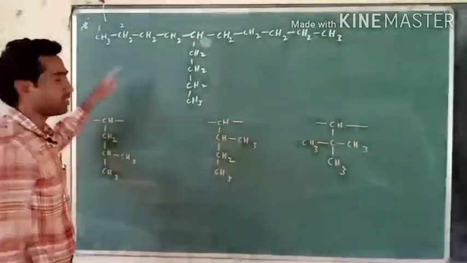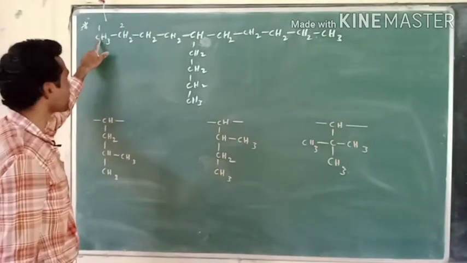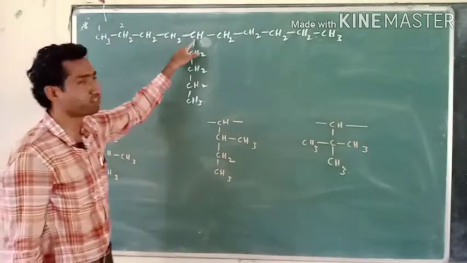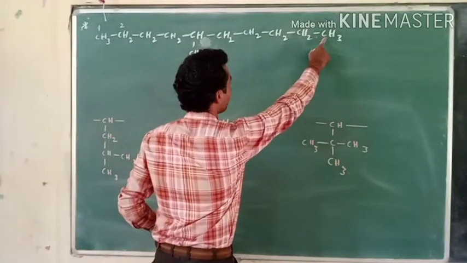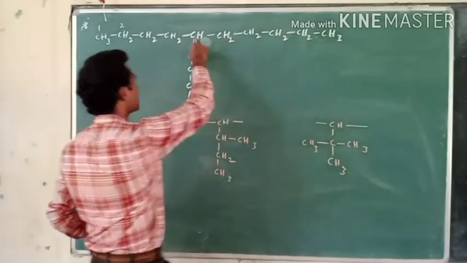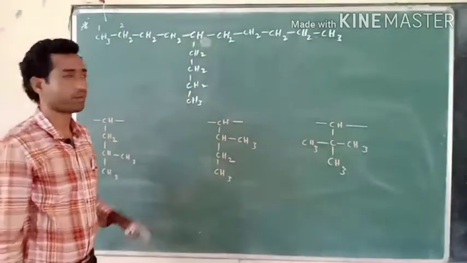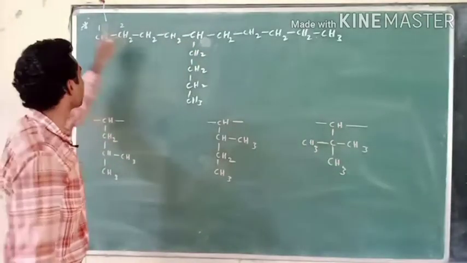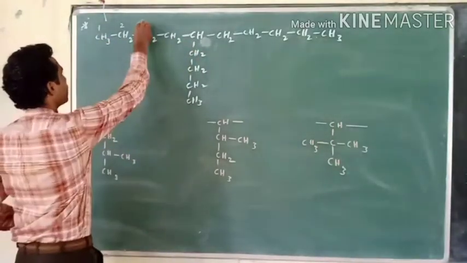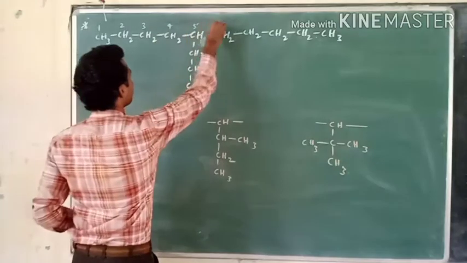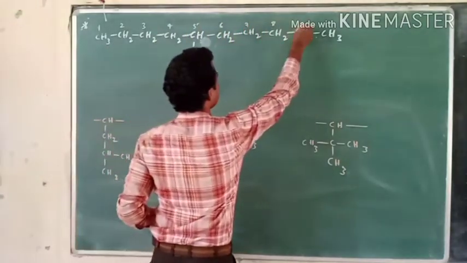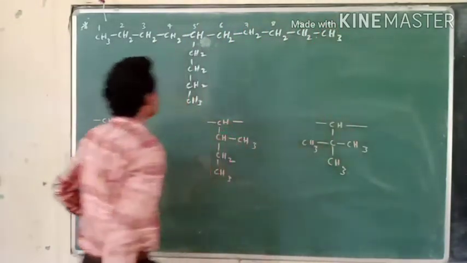If I start numbering from this carbon, 1, 2, 3, 4, 5th position. If I start from the other end, 1, 2, 3, 4, 5, 6, this carbon will get the 6th number. Therefore, this way of numbering is correct. 1, 2, 3, 4, 5, 6, 7, 8, 9, 10.